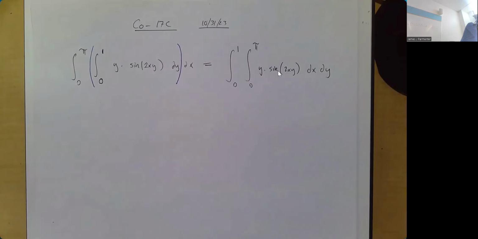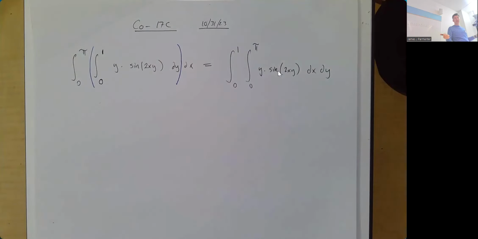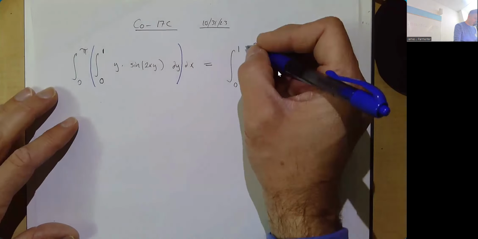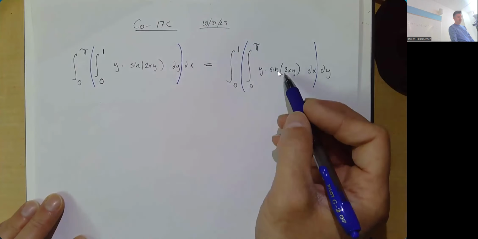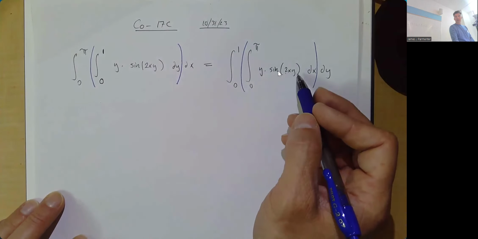So I might look at this first and ask, is that one easier to anti-differentiate? I think I can get away with that one without doing any integration by parts, at least in this inner step. So let's try doing it that way instead. I'm really thinking of this as sine of a constant times x.